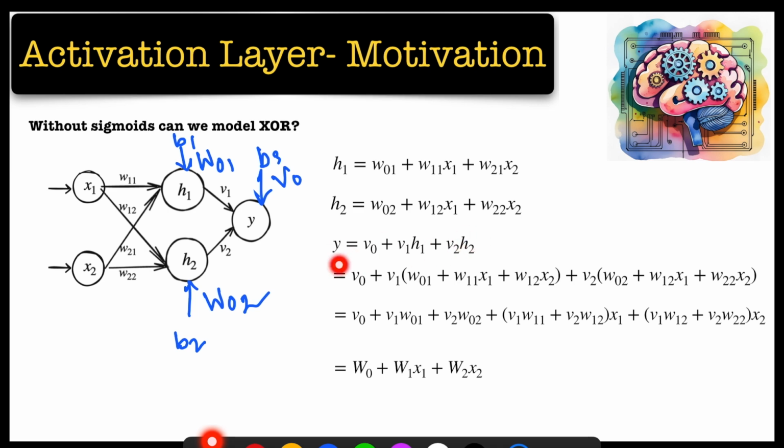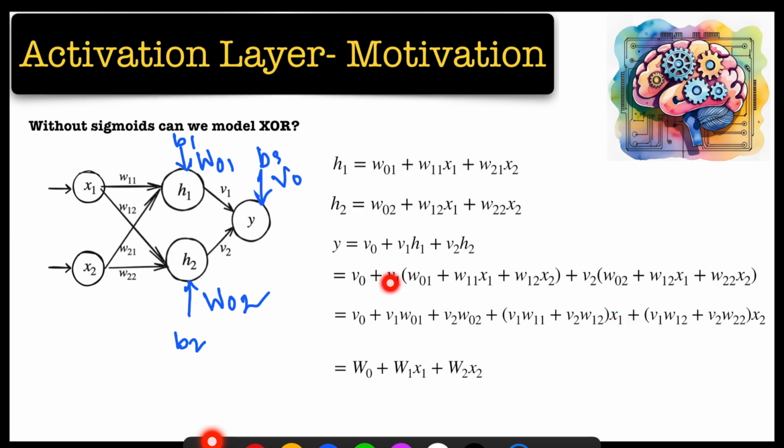Let's replace H1 and H2 here. So we get V0 plus V1 times H1, plus V2 times H2. Now let's simplify this: V0 plus V1 W01 plus V2 W02. These are the three biases. Then we get V1 W11x1 and here we have V2 W12x1. So we can write it as V1 W11 plus V2 W12, and multiply this with x1.